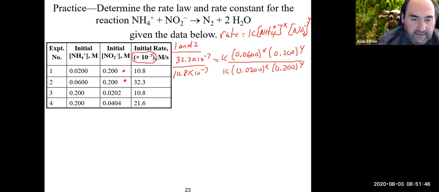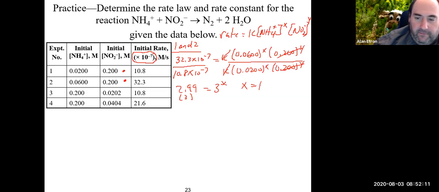You don't get a perfectly whole number, but you get 2.99. The K's will again cancel because they're the same. When we divide, this gives us 3 to the X, and these guys will completely cancel. I think that's pretty close to 3, right? And that means that in this case, X is equal to 1.